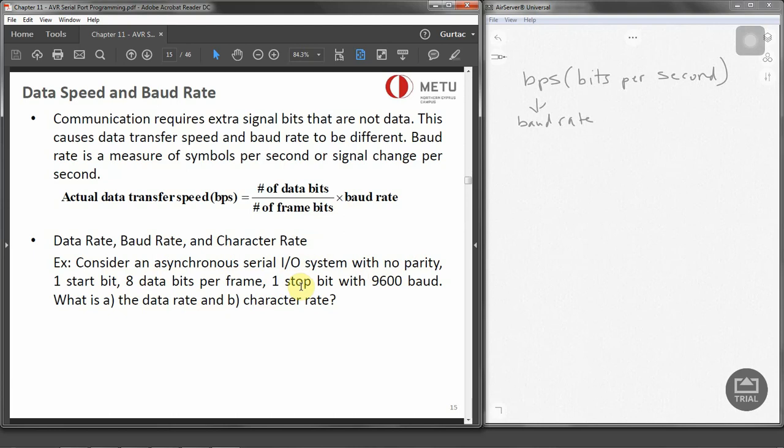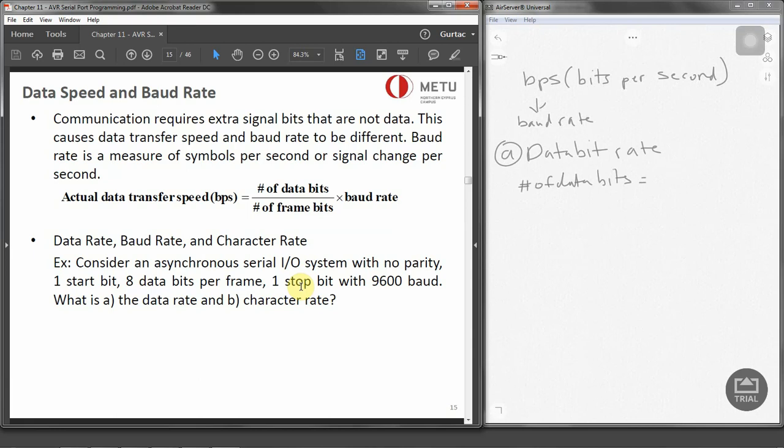Now, for the data bit rate, we just need to use the formula given to us. So what is the number of data bits?